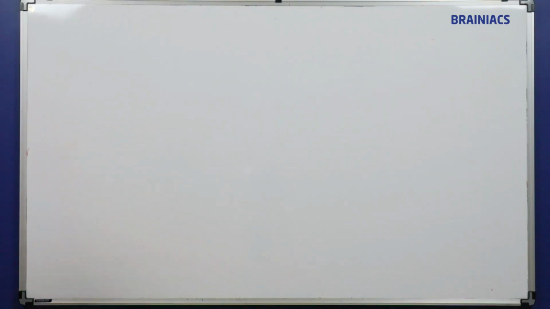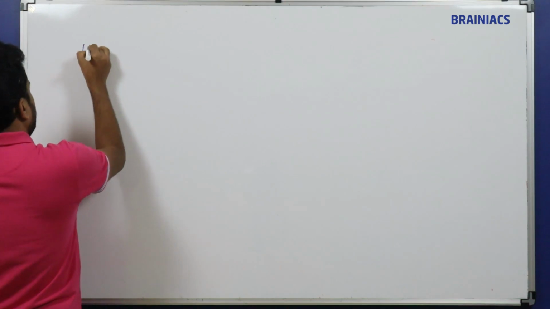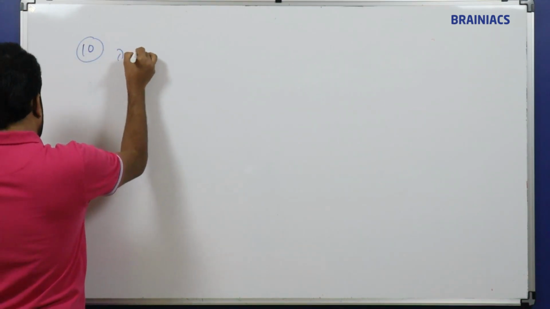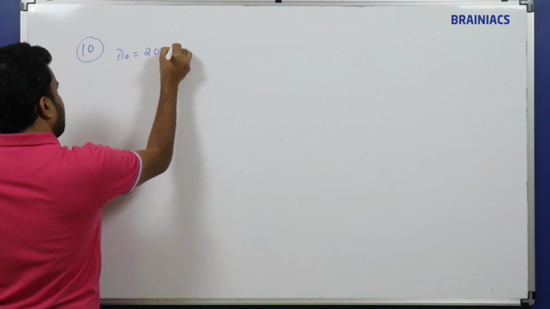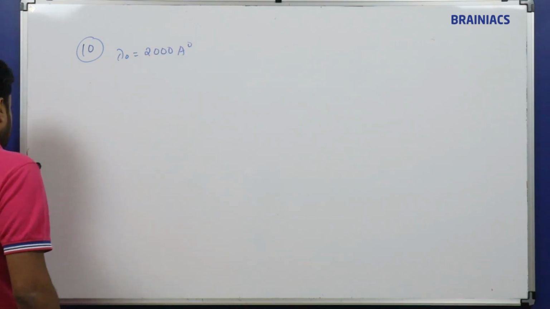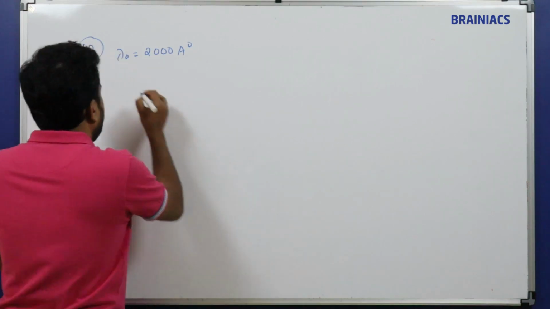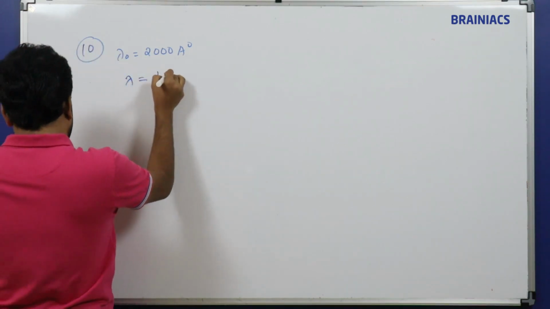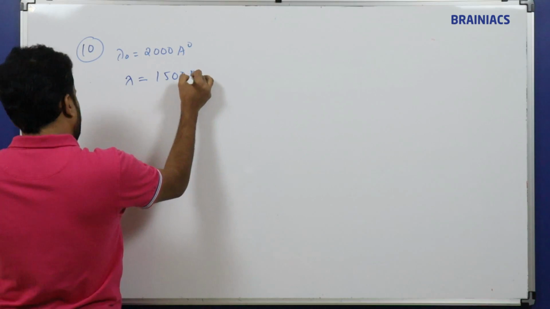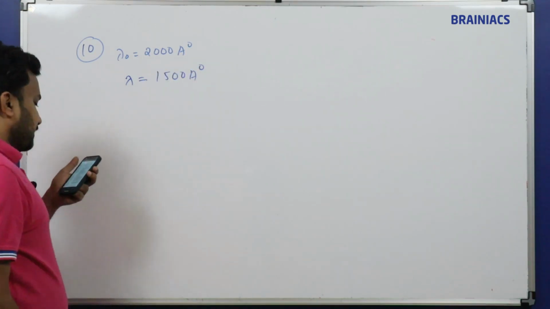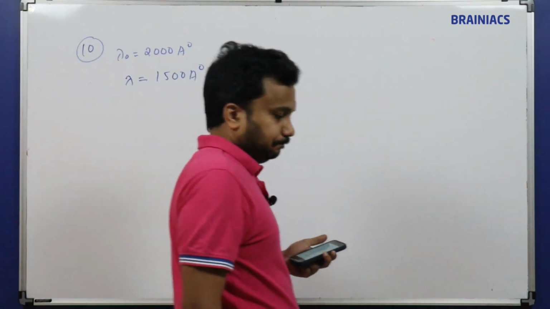The photoelectric threshold of the metal, actually it is lambda naught, which is given as 2000 angstrom. The energy of the electrons ejected from the surface by ultraviolet light of wavelength lambda, given as 1500 angstrom. They are asking about the energy.